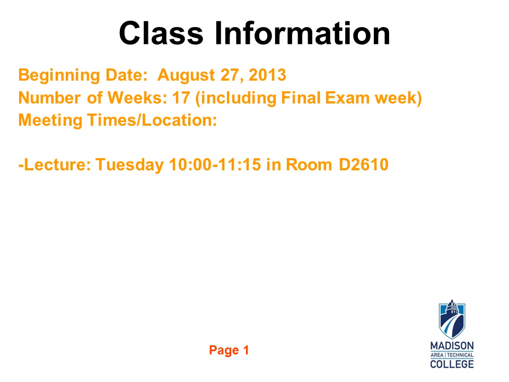Also found on page 1 of the course information and syllabus is class information. The class begins on August 27th. It runs for 16 weeks, and final exams are given during week 17. The class meets for lecture in room D2610 on the second floor on Tuesday from 10 o'clock to 11:15, although typically we will end earlier than 11:15.